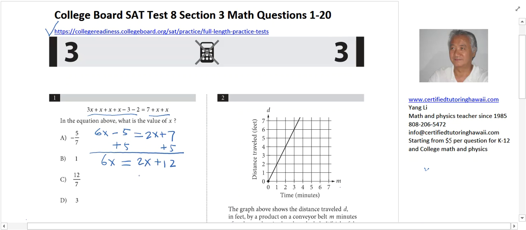Now I move the x term from the right side to the left side, so I have minus 2x and minus 2x. Then 4x equals 12. Then I divide by 4, so x equals 3. So that's why D is the answer.